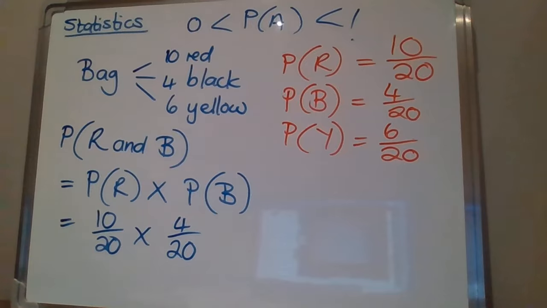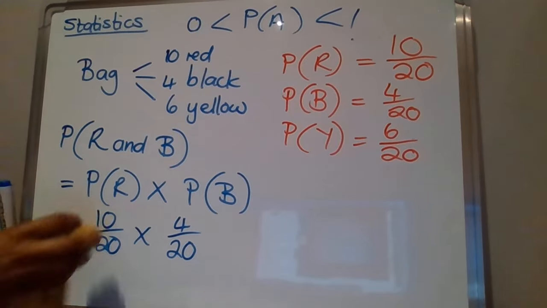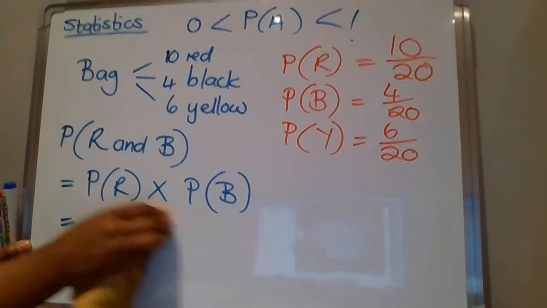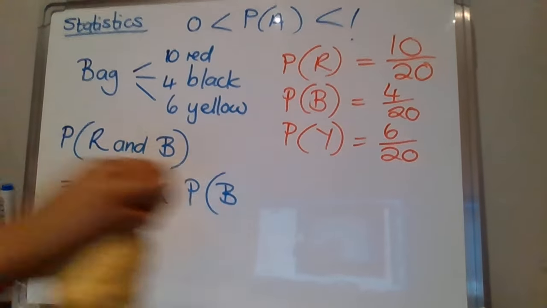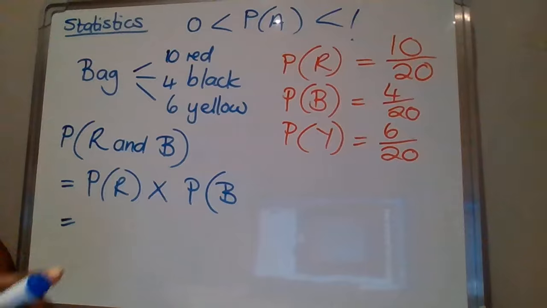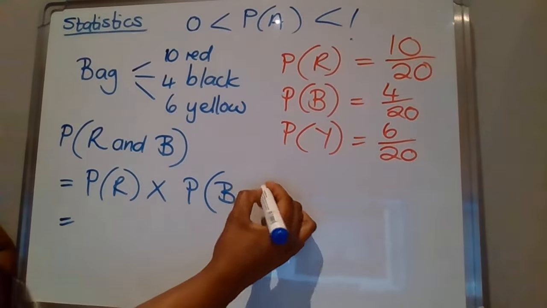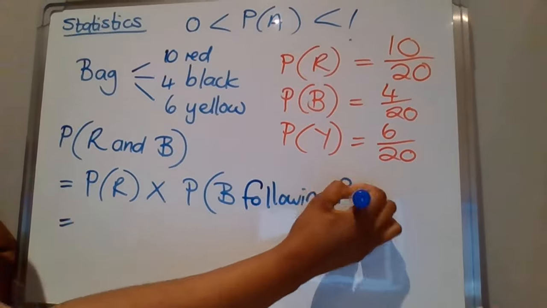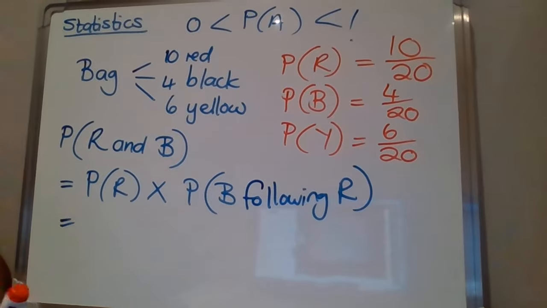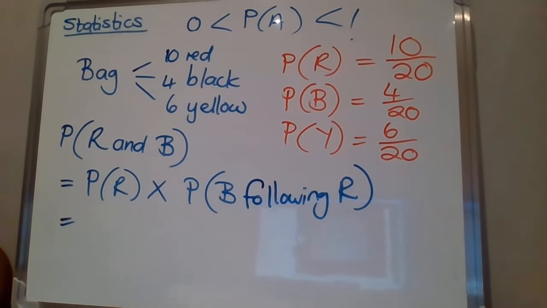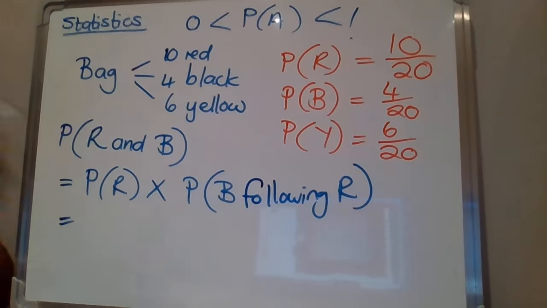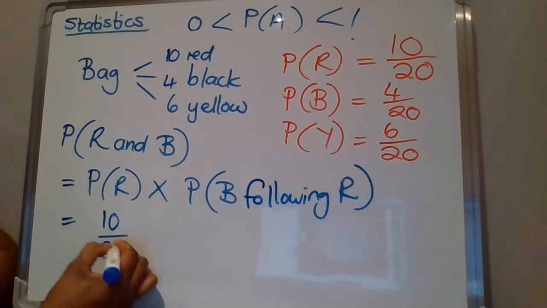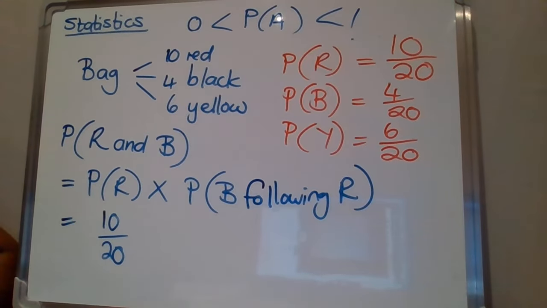By that, what do I mean? So let's say, for example, I did not replace the first ball. So here my probability is still going to be 10 out of 20. Okay?